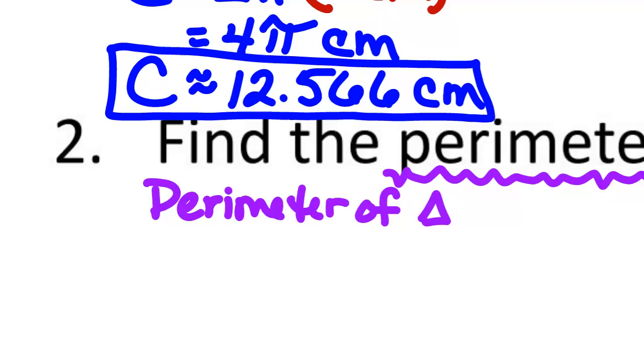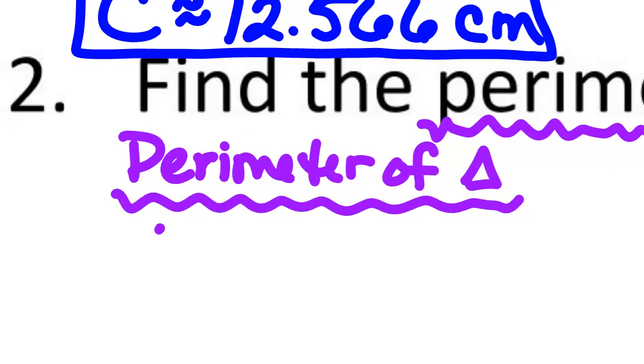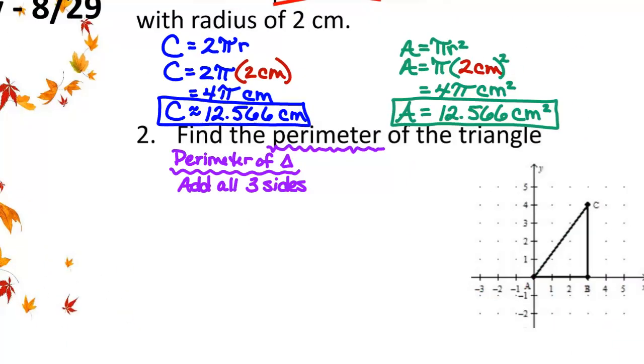Yes, we're going to add up all the sides, which means we're going to have to find the distance of that slanted side. How do I find the distance of the other 2 sides? We can just count it. So for perimeter of a triangle, we're going to add all 3 sides. So let's find the distance of those 3 sides.